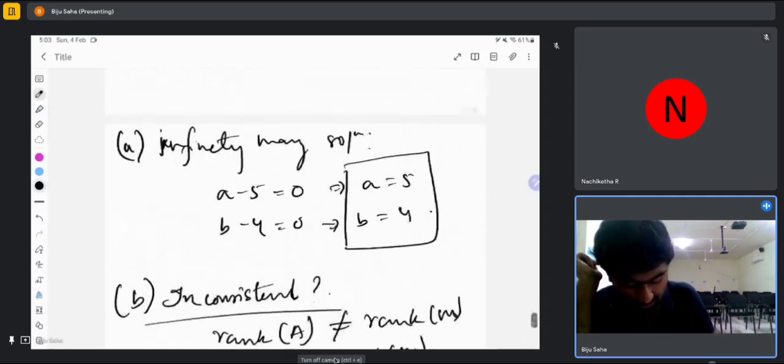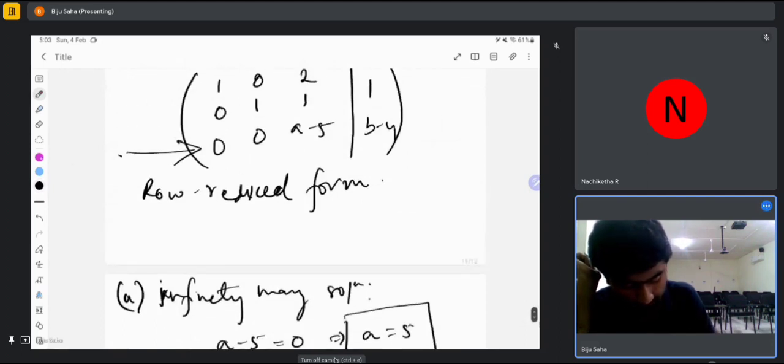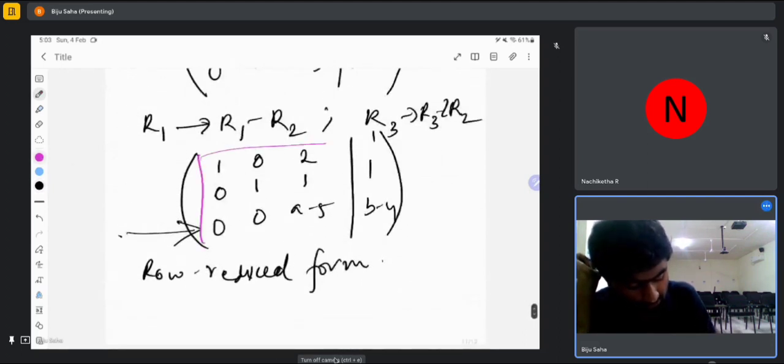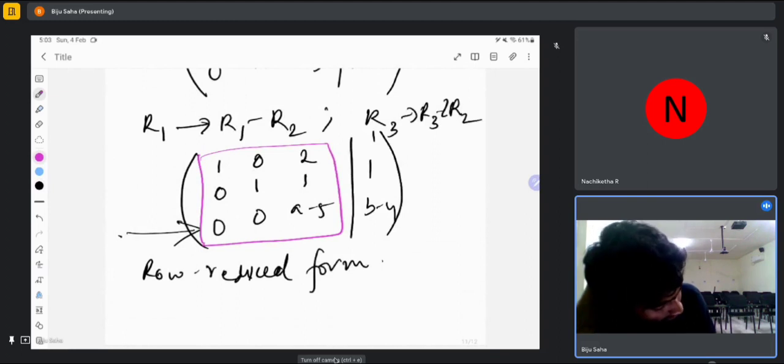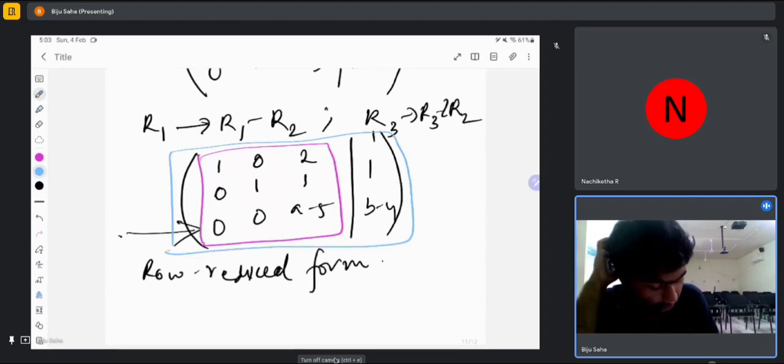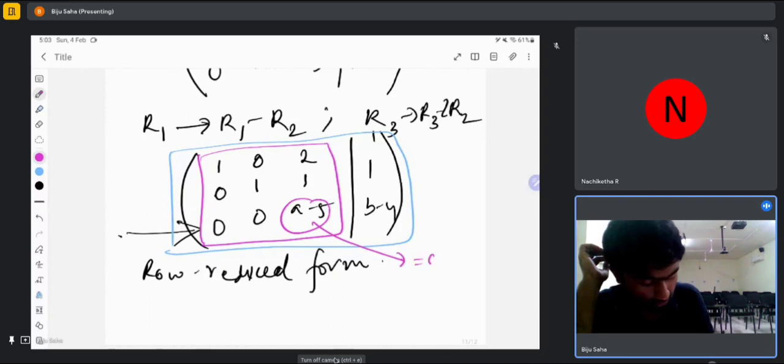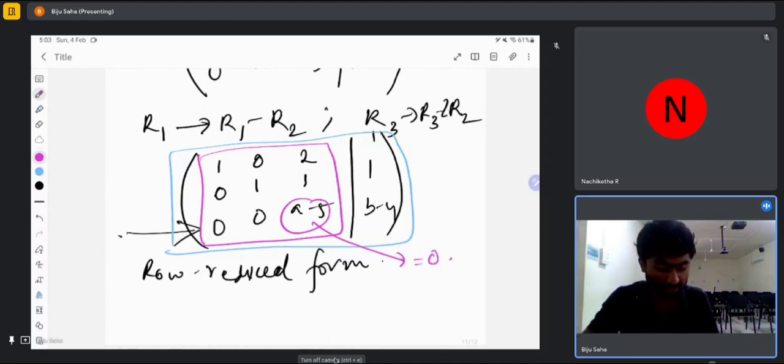So that says that for this matrix M, if it needs to have a rank lesser than the entire matrix, then it is necessary that this particular element goes to 0. So then we can say that yes, the rank of this matrix is not equal to the rank of the original matrix, and it is also required that b minus 4 has a non-zero value.